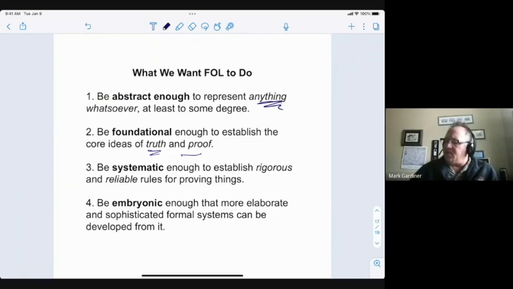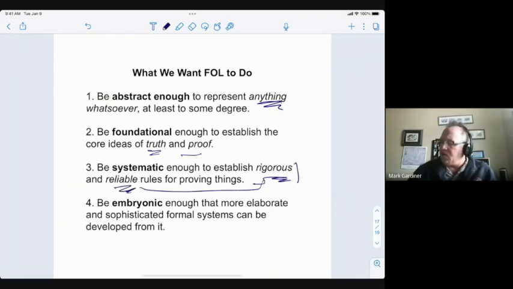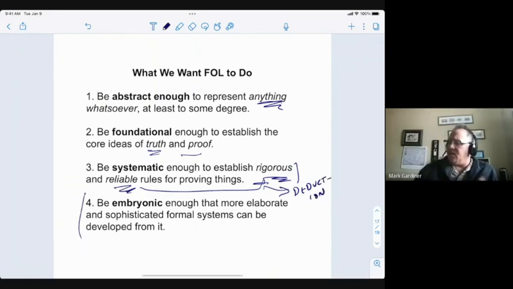We want it to be systematic enough that it establishes rigorous, reliable rules for proving things. We'll be returning to the notion of deduction later on for that. And finally, we want it to be embryonic enough that more elaborate and sophisticated formal systems can ultimately be developed out of it.